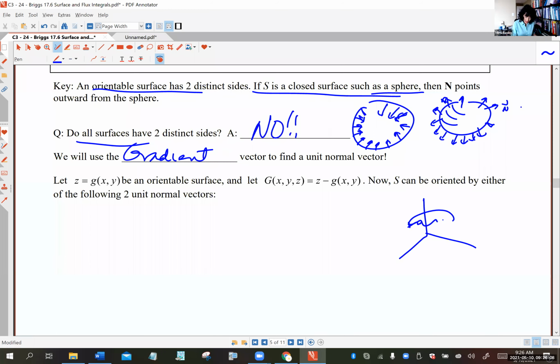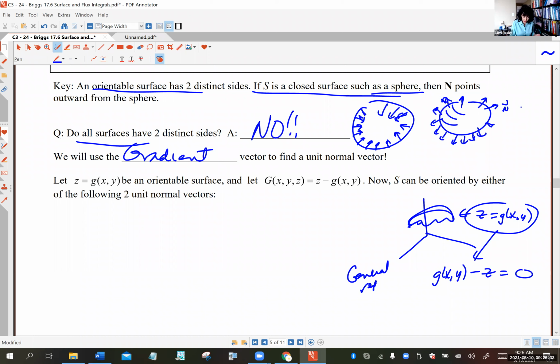Here's your, say, capping surface, z equals g(x,y). This is from like a month or two ago. Instead of finding tangent planes, we're going to do something else with it. Now remember, when we did this from a month or two ago, I did ask you to subtract z from both sides and get what's called the general representation of the surface.